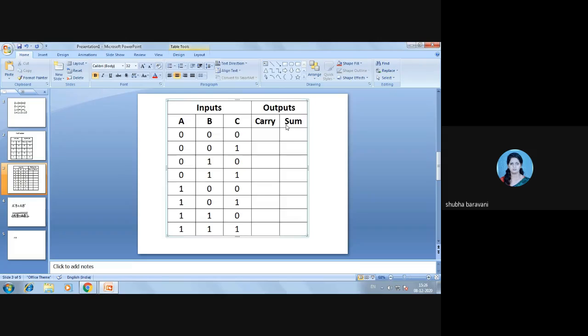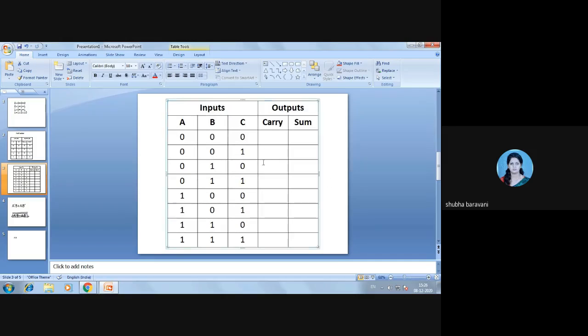Now how to perform this addition? What is 0 plus 0? 0. Again 0 plus 0 is 0. So your sum is 0 and carry is 0. Is this first one clear?